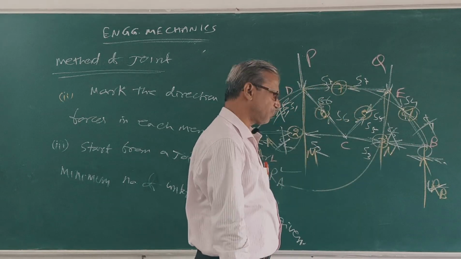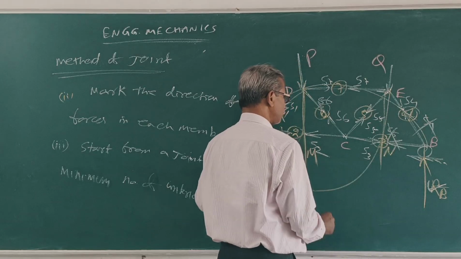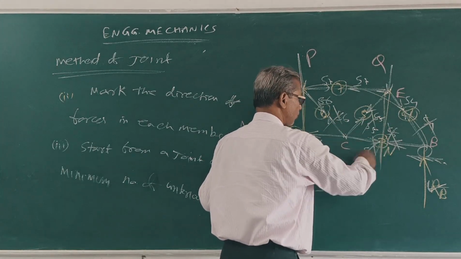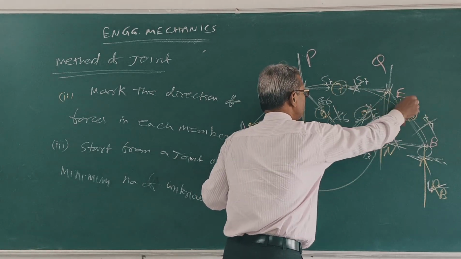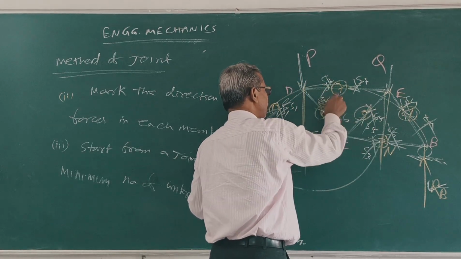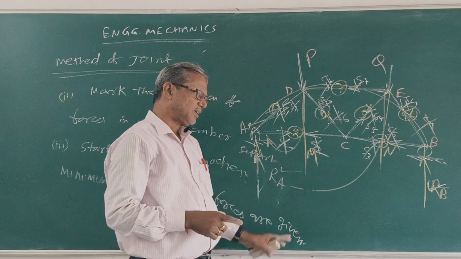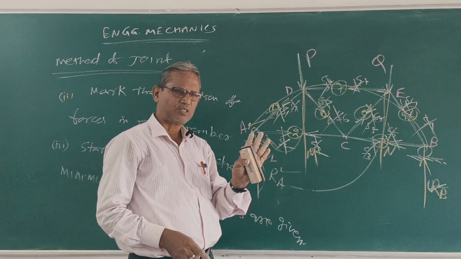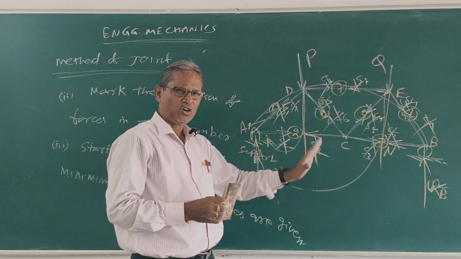But at point C, four unknowns: 1, 2, 3, 4. At point E, three unknowns. At point D, three unknowns. At each point, the unknowns are more than two, except A and B. So it is advisable to start from either A or B.